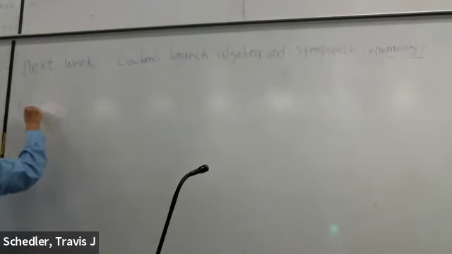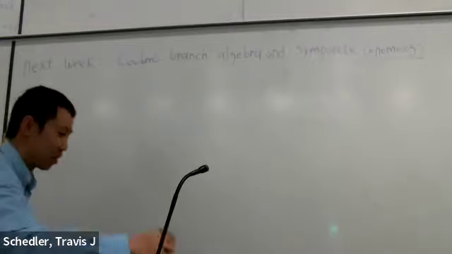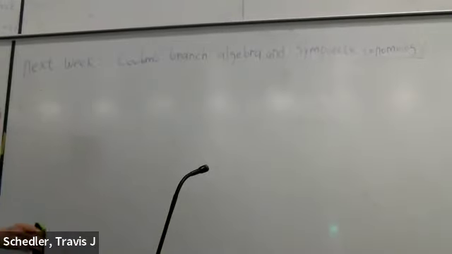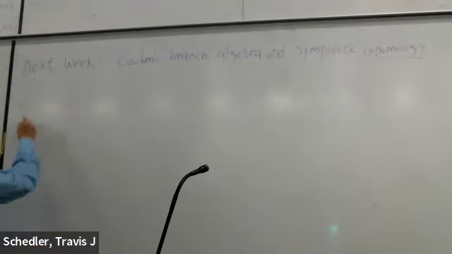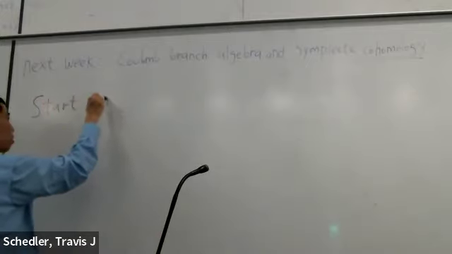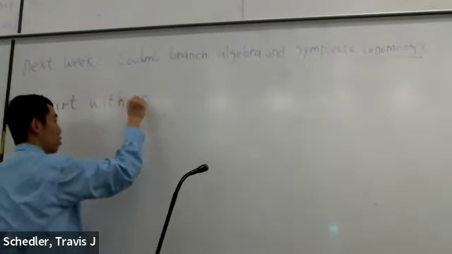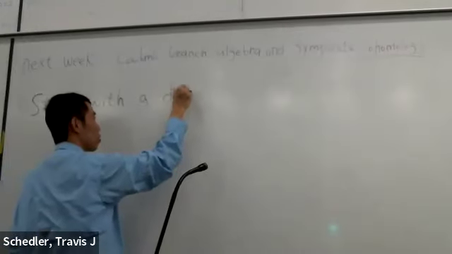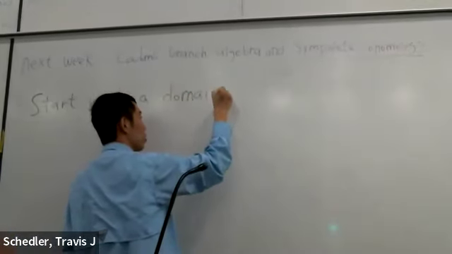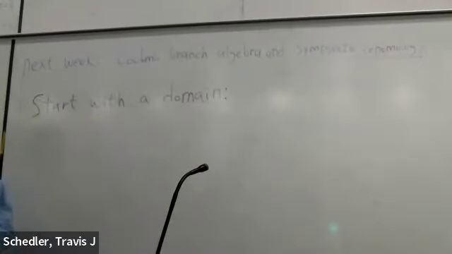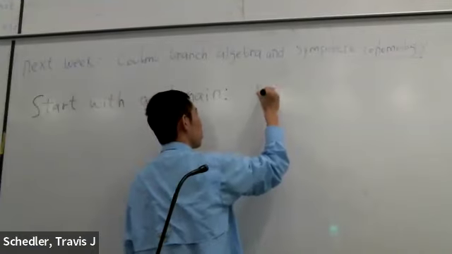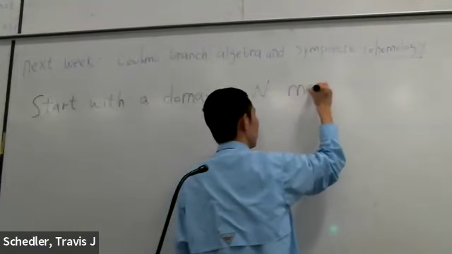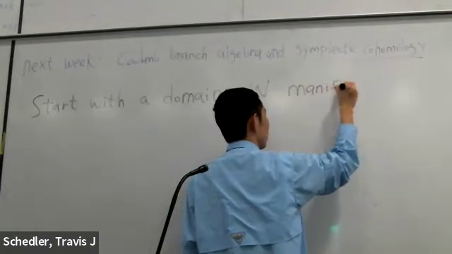We start with the domain, which means it is a smooth manifold with boundary. W is a manifold with boundary.